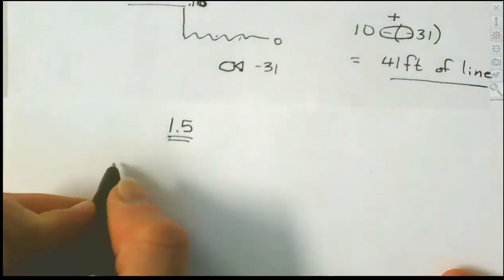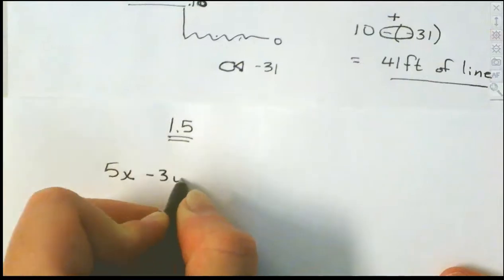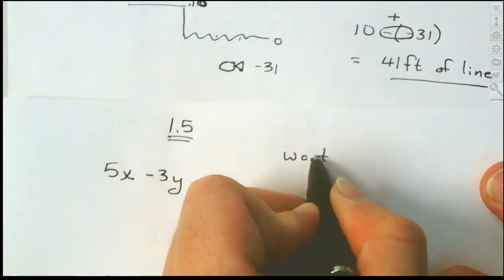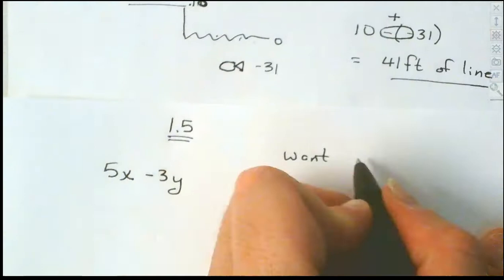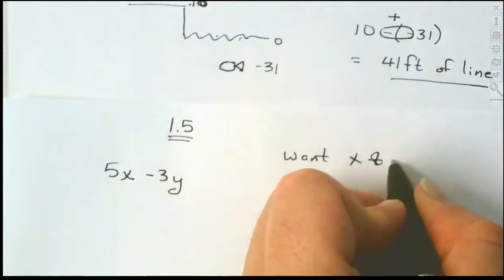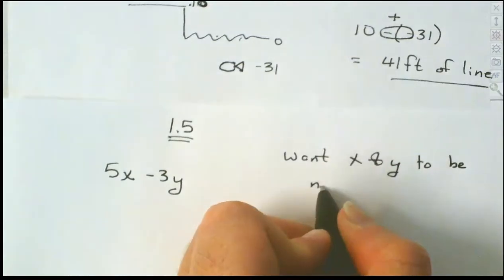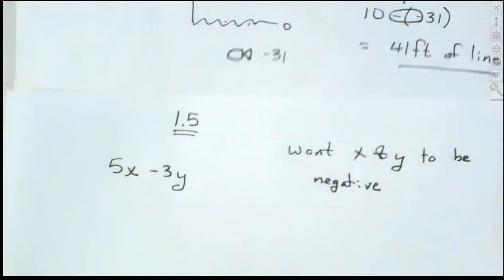We've got 5x minus 3y. And we want x and y to both be negative. Okay, and we want to see what the result's going to be.